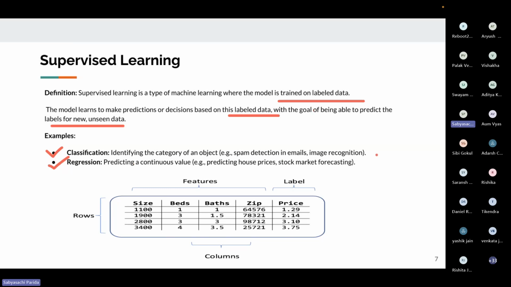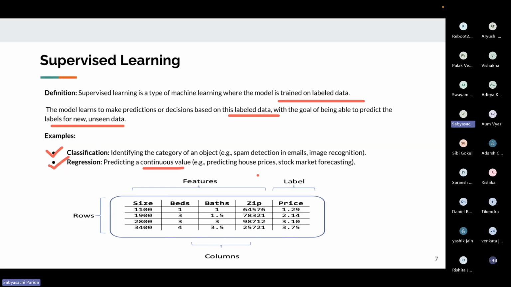Suppose you want to build a model which tries to distinguish between two different types of cats, or two types of dogs, or two types of vehicles in the market, a bus versus a truck. If you're trying to build anything which classifies into two different things, that is called classification.